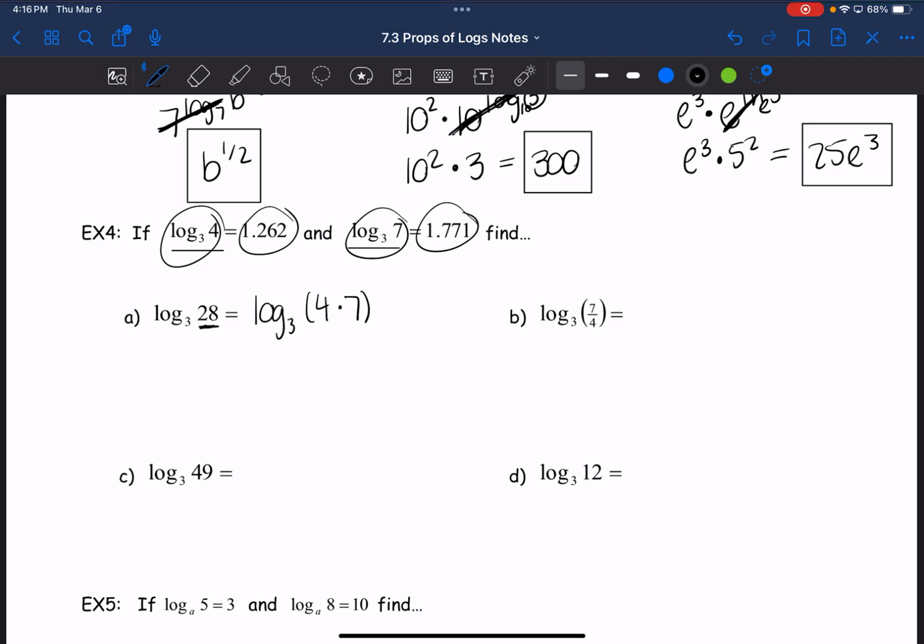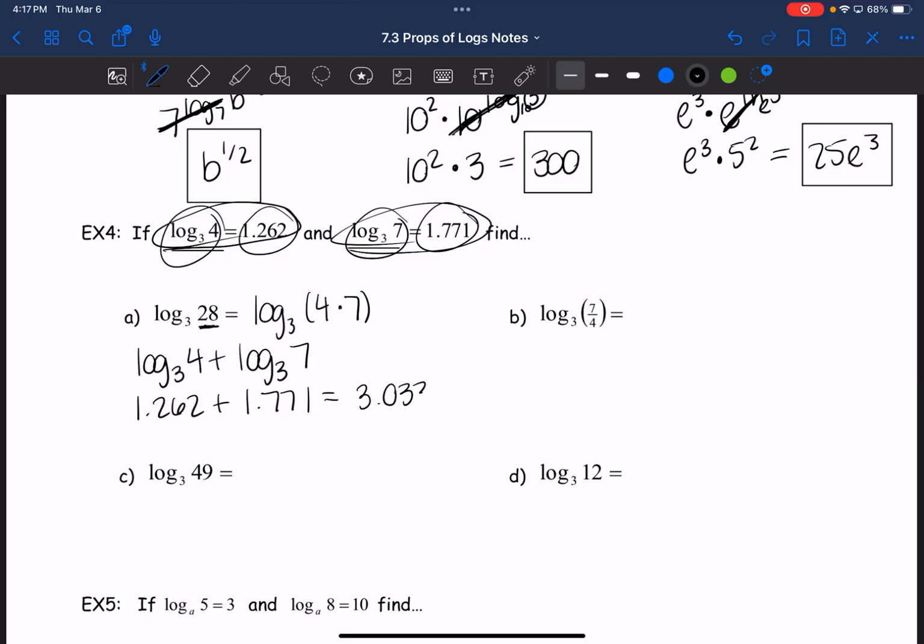And according to our properties on the front, I can expand that into addition. So I'd have log base 3 of 4 plus log base 3 of 7. And now it matches what we were given, so I can replace. So I'd replace log base 3 of 4 with the decimal 1.262, log base 3 of 7 with 1.771. We add those together, we get 3.033.